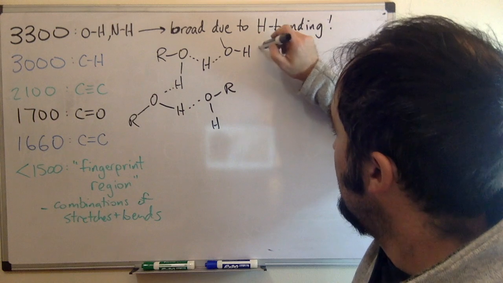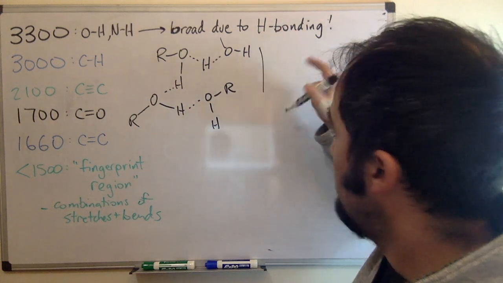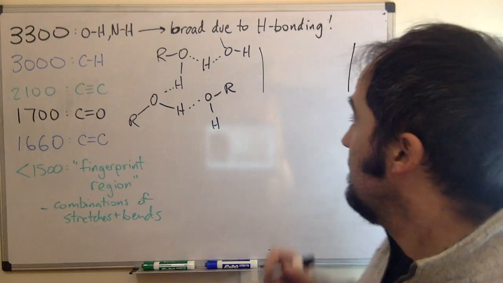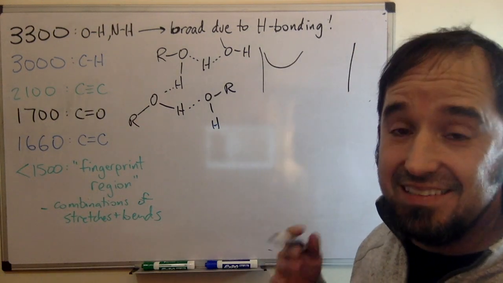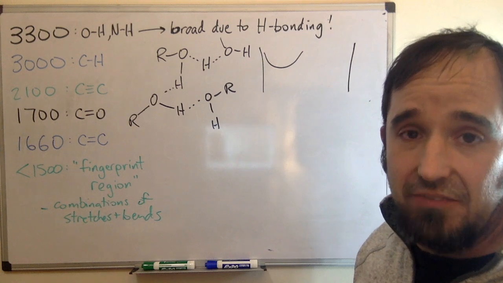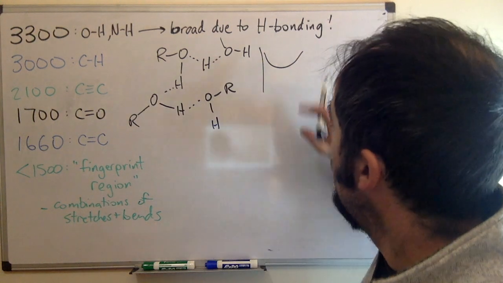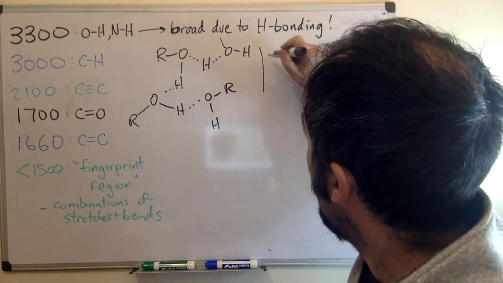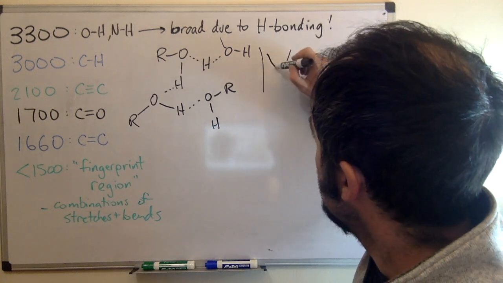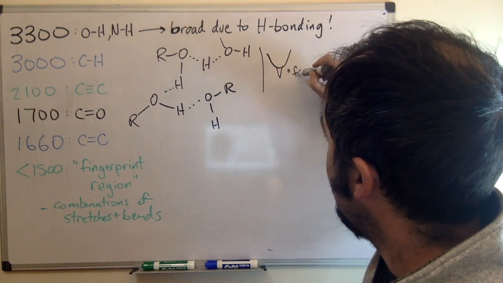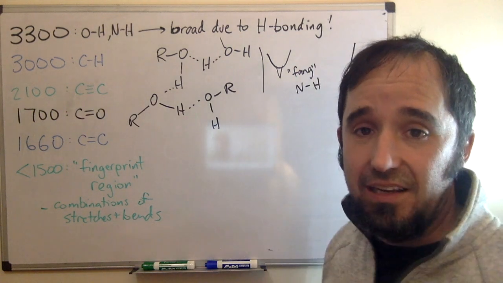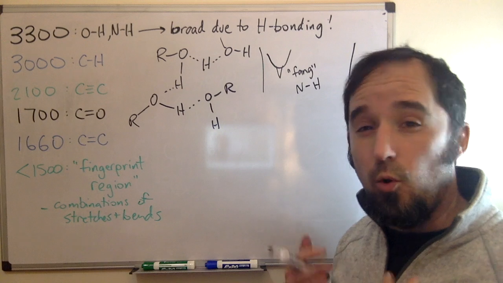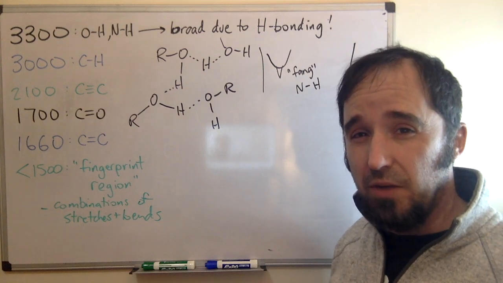Generally speaking, on the extreme left of your IR spectrum, if you see a big broad peak like that, that is definitely an OH, definitely an alcohol. If you see a slightly narrower peak like that, especially if it has a fang, I like to call it a fang, that could be an NH. Again, NH hydrogen bonds, but not quite as well as an OH bond does.